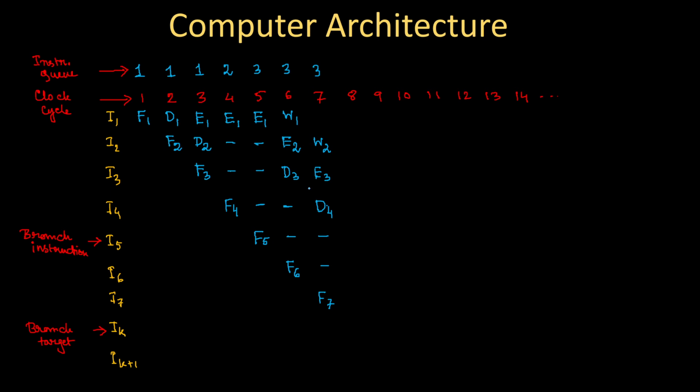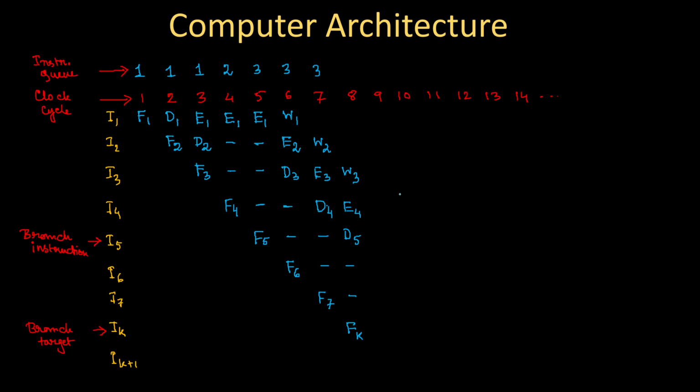And you see after this, now here in the 8th clock cycle, write back of instruction 3 will start, execution of instruction 4 will start, and decode of instruction 5 will start. And it has started fetching instruction K.